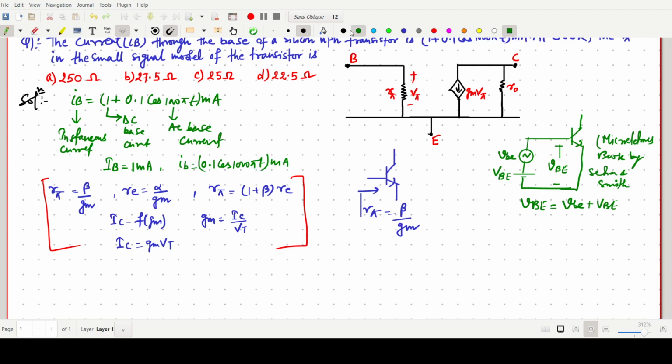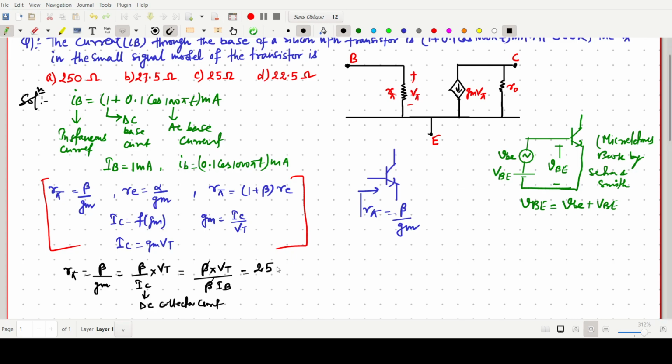R pi equals beta by Gm, and Gm is IC by Vt, so we can write R pi as beta times Vt divided by IC, and IC is nothing but simply beta times IB. This one is our DC collector current. So beta and beta cancel.